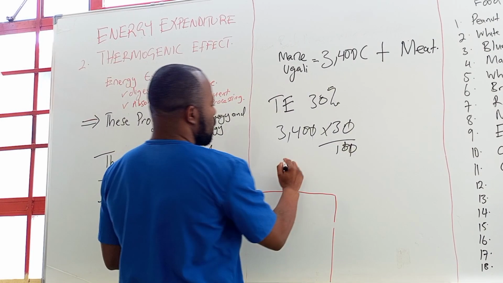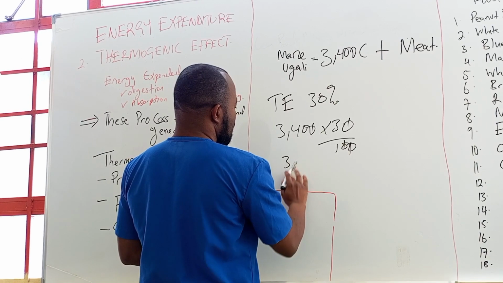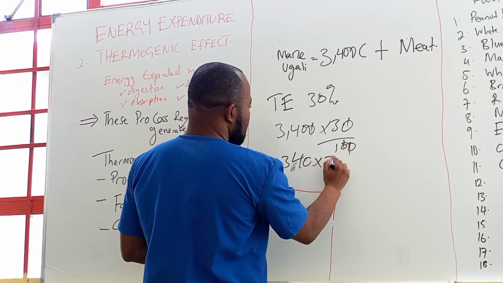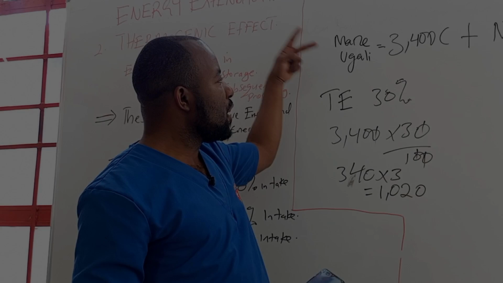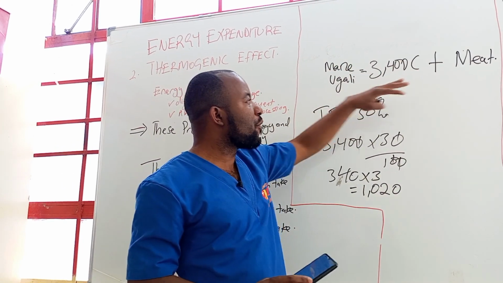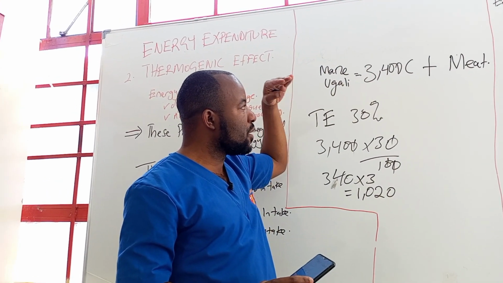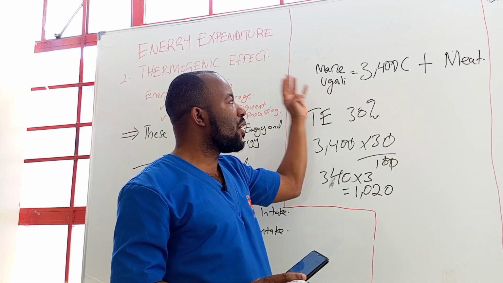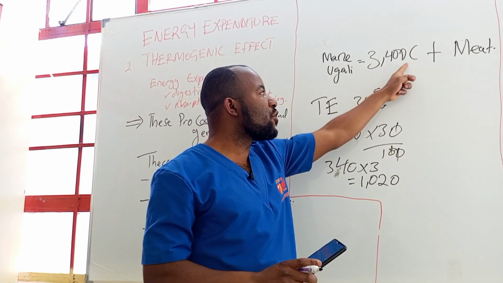So this means we have 340 times 3. If you ate 1 kilogram of maize in 24 hours, it will give you 3,400 kilocalories.